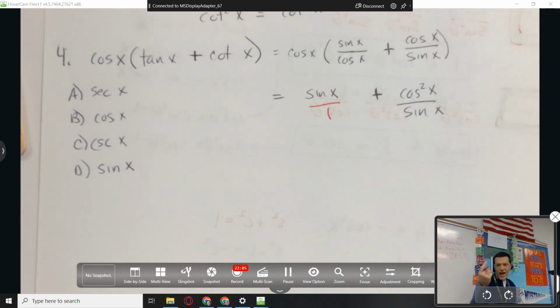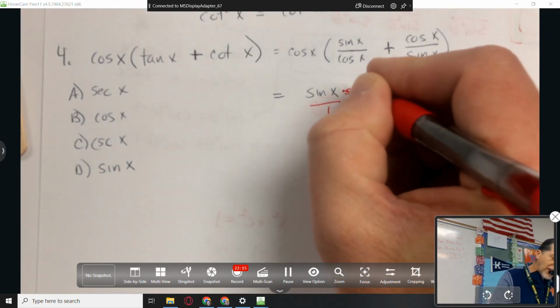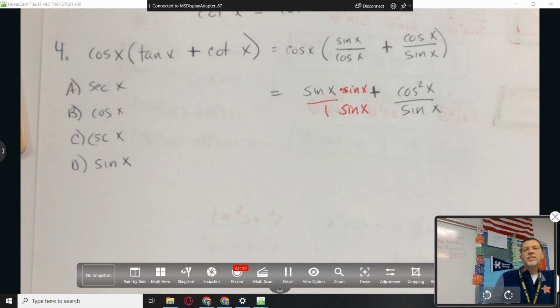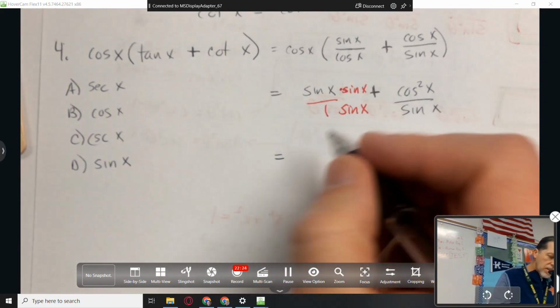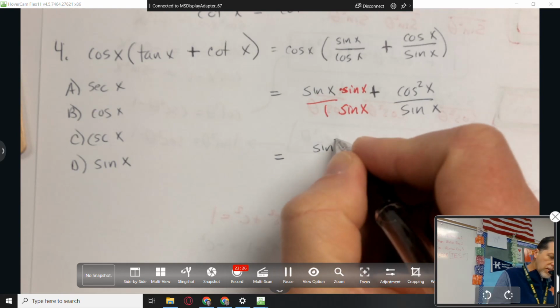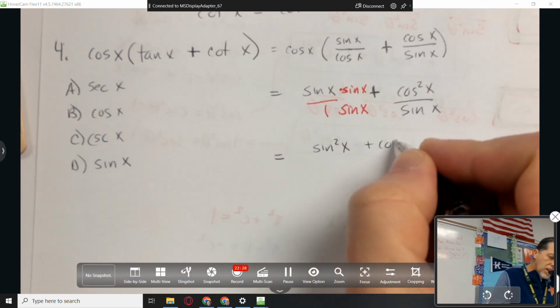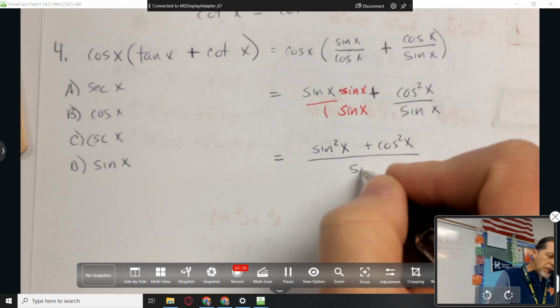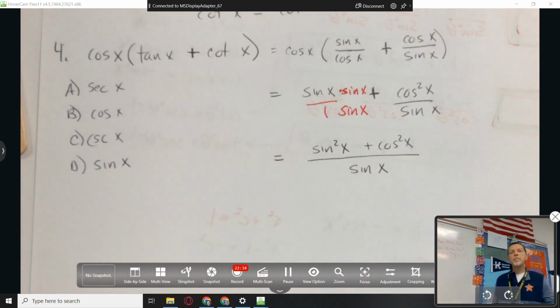I need a common denominator. What's my common denominator going to be? Sine. I guess that's not the greatest common denominator in the world, but that's not the worst either. So sine squared plus cosine squared. We have a common denominator, so I'm going to write that all over sine.